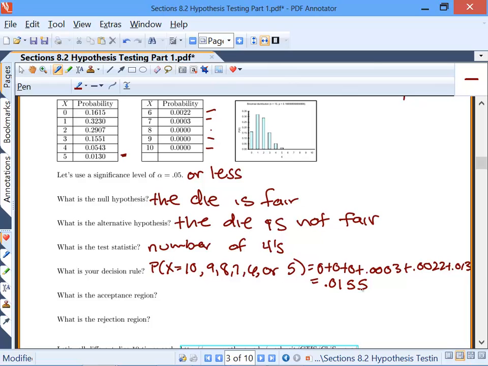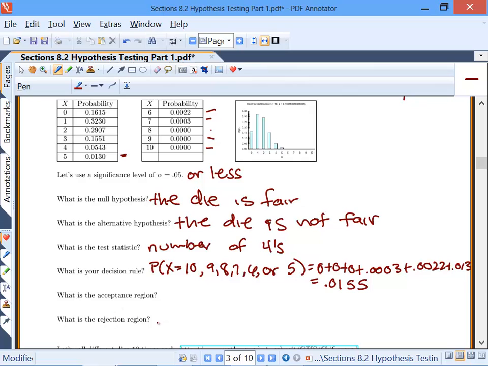Okay, so I got 0.0155. Is this still less than my 5%? Yes. Are there any other probabilities that I could add in without making it over 5%? No, so that's where I have to stop.